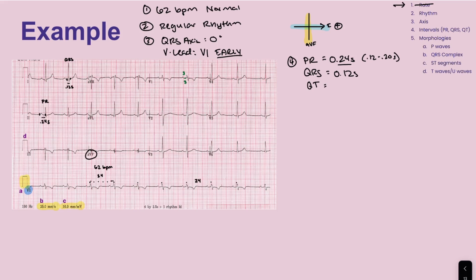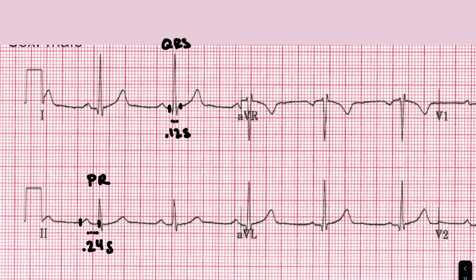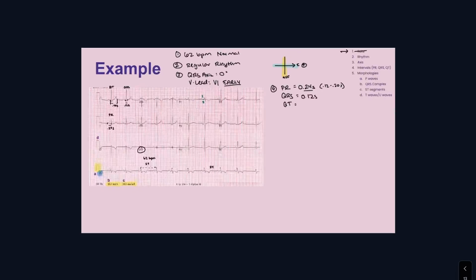We're going to pick a nice example again. We can even use this guy over here for our QT. Here, all the way to the end of the T. Okay, and we've got 5, 6, 7, 8, 9, 10, which will give us 0.40 seconds for our QT.